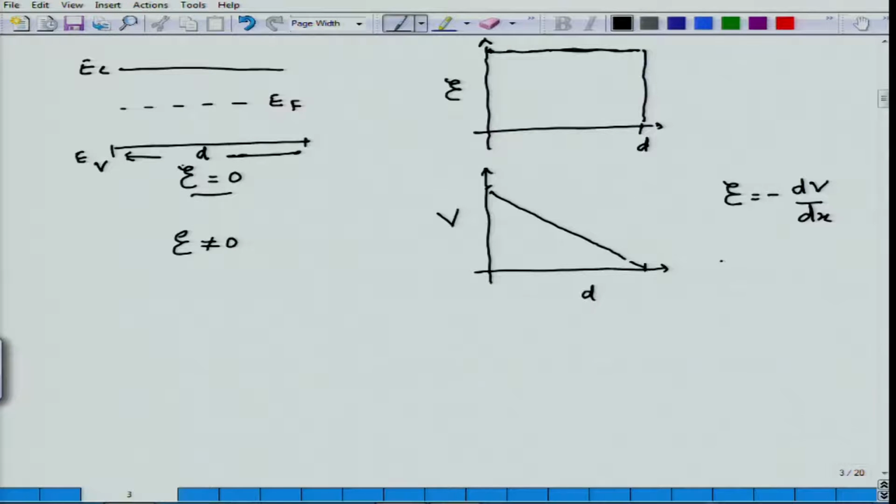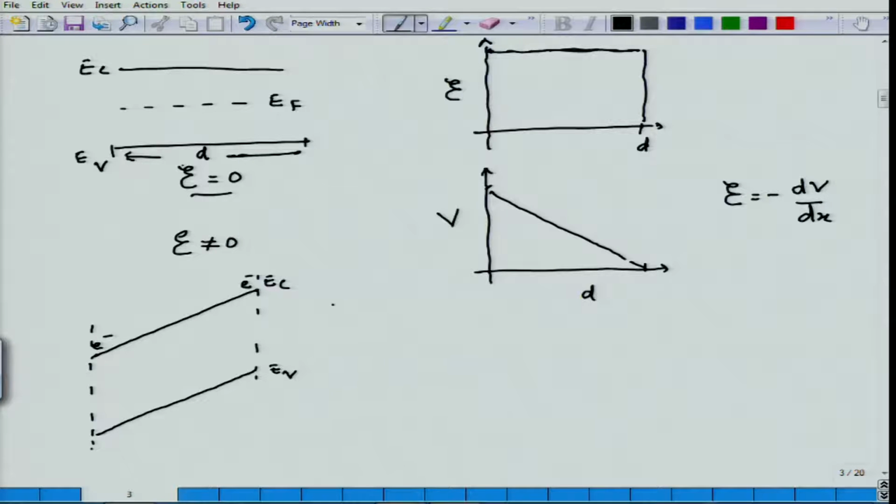So, if I want to convert this potential difference into energy band diagram, I have to have an energy band diagram which is inverse of the behavior of the potential, and in this diagram I would be plotting EC and EV with a positive slope, which basically means electron here has a less potential compared to electron here.